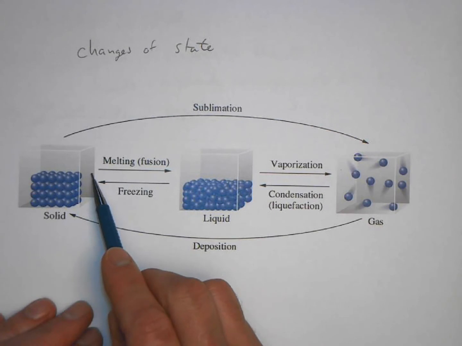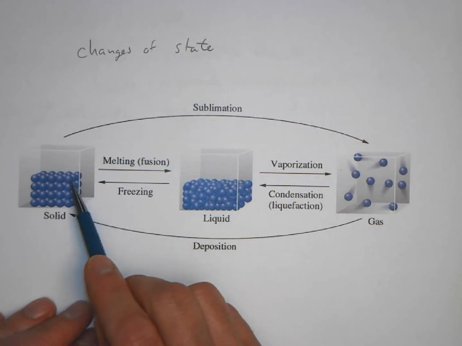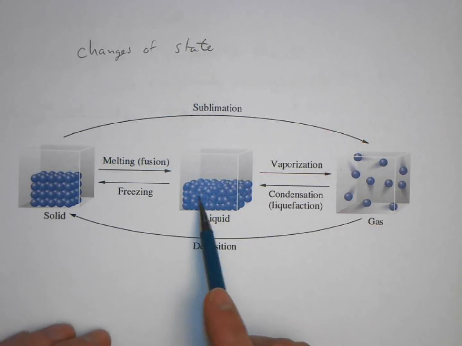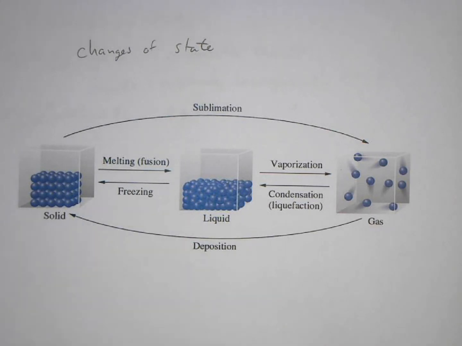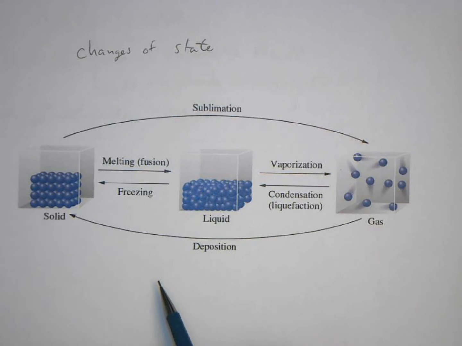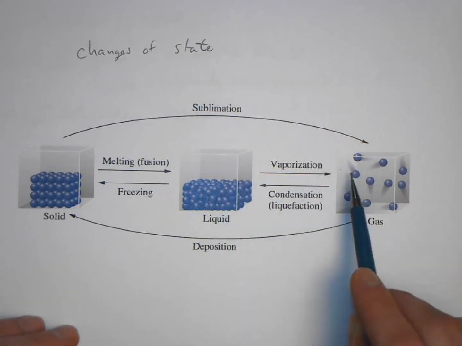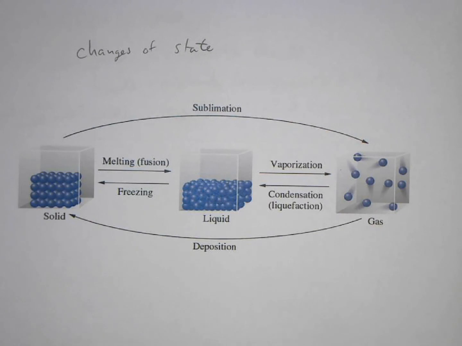So a solid can melt and become a liquid. A liquid can become a solid, and we call that freezing. It should be pretty familiar to you. We're just colloquially talking. We freeze something or we melt something and so on. We can have a liquid, and we can take it into the gas phase, and that process is called vaporization.